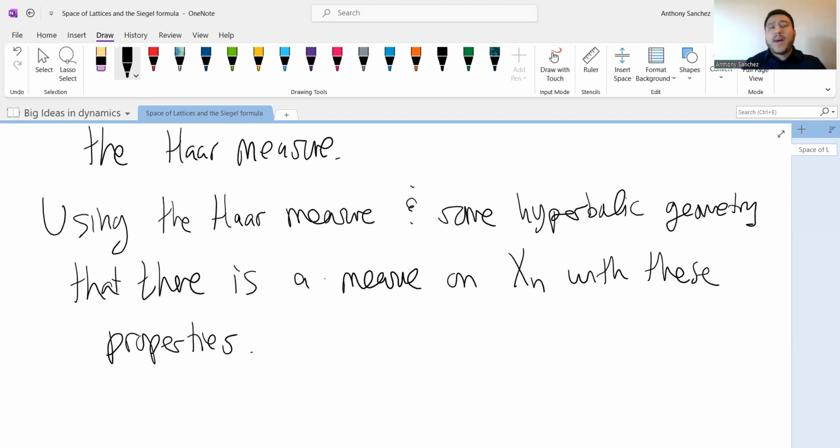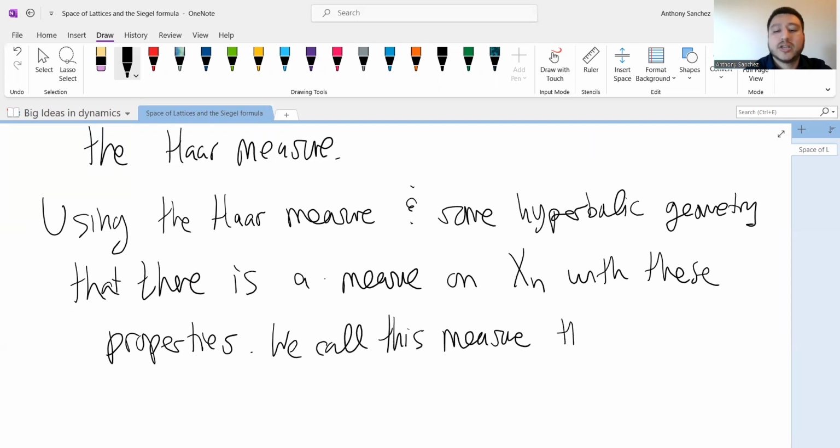And so by abuse of notation, even though X_n is not a group, it's just a coset space, we call this measure the Haar measure.